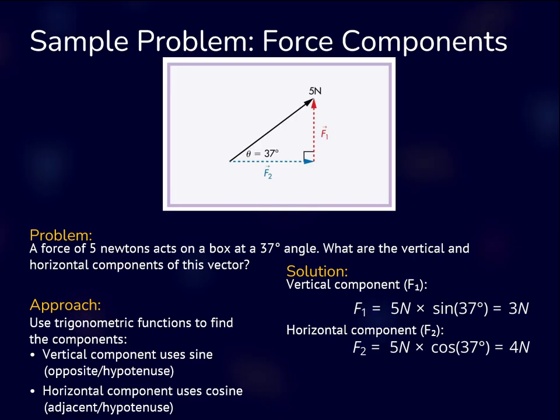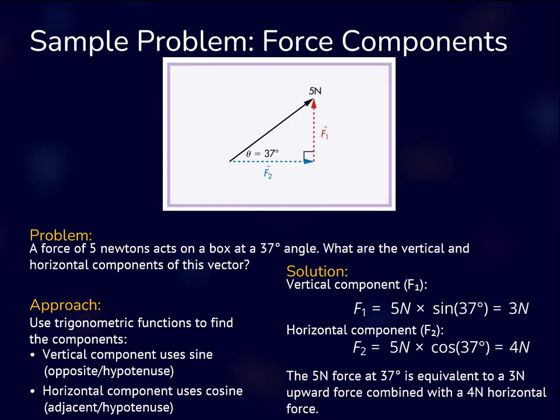Our calculator tells us that cosine of 37 degrees is about 0.8. So 5 multiplied by 0.8 is 4 newtons. That means 4 newtons directly propelling the sled forward. Together, 3 newtons up and 4 newtons forward are the 2 components of the 5 newton angled push.